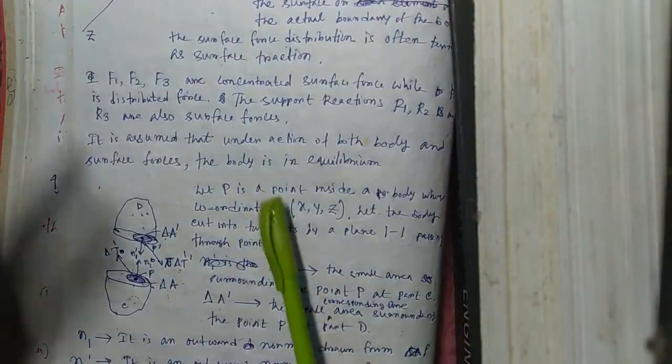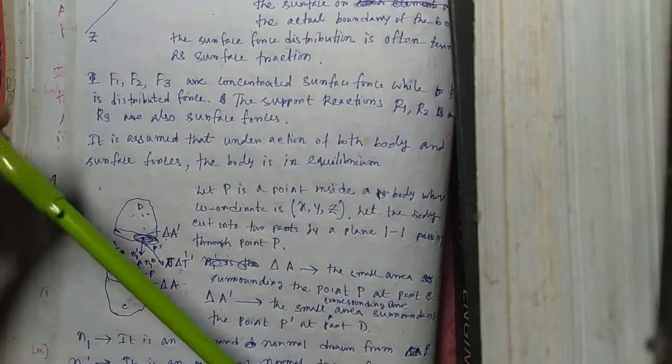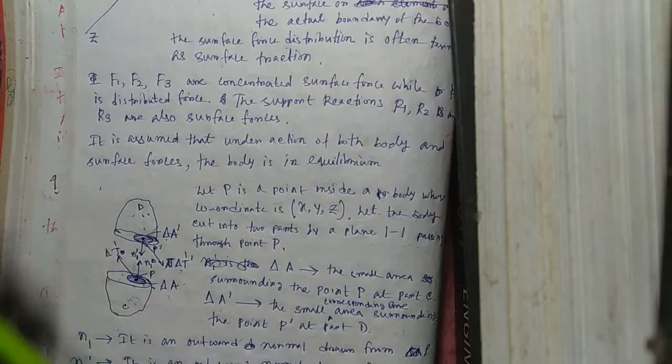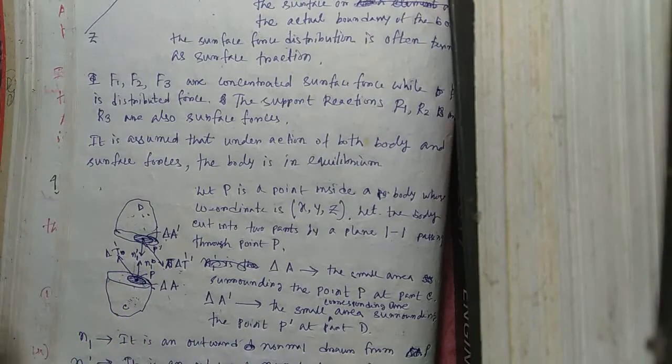These two stress vectors are equal in magnitude but opposite in direction. So according to Newton's third law, we can write that T1 is equal to minus T1 dash.